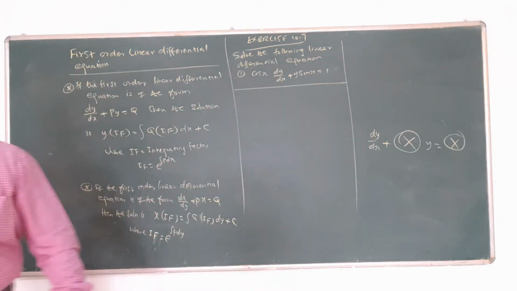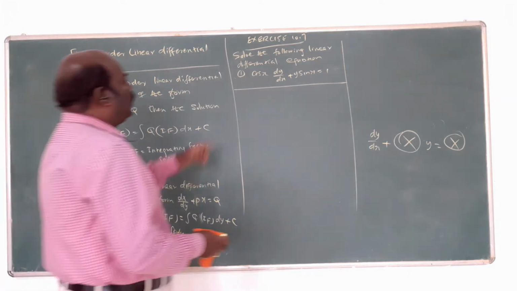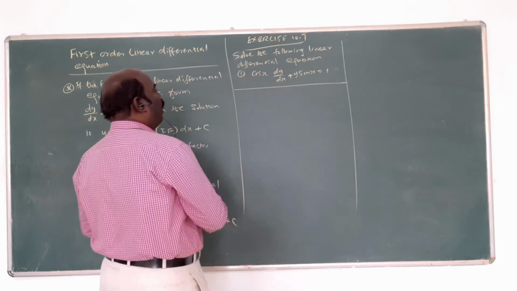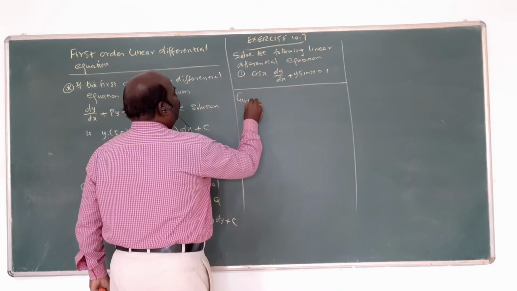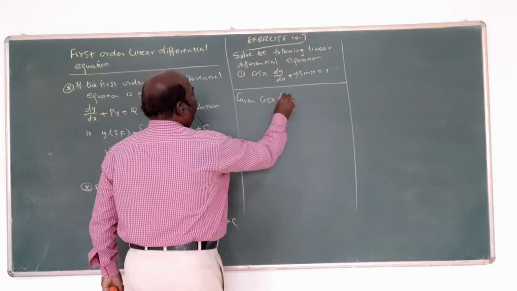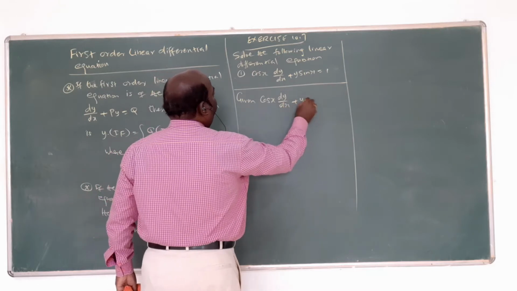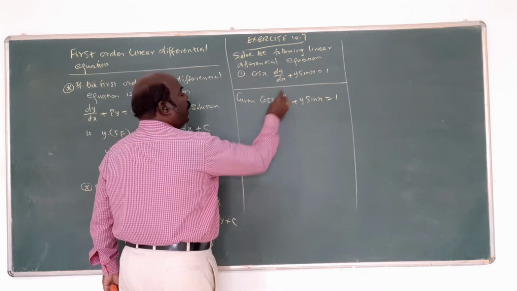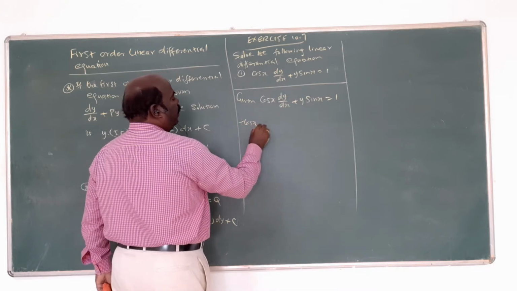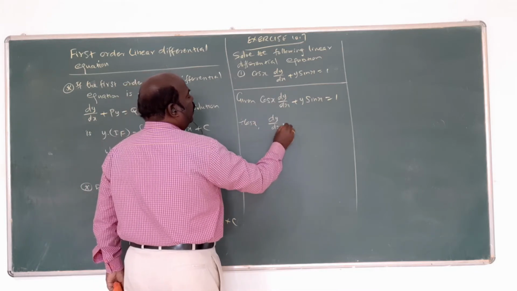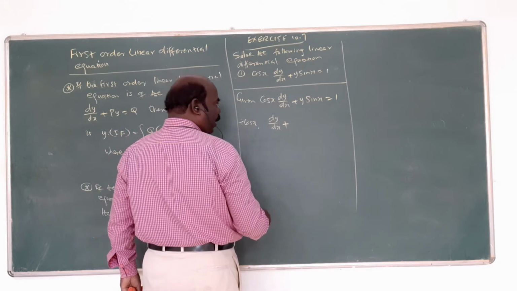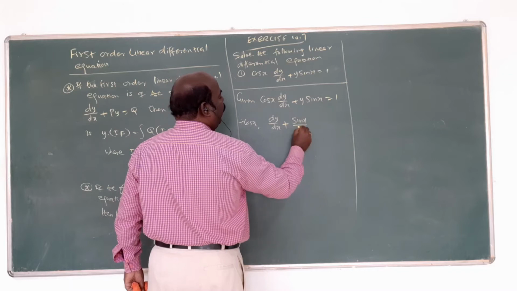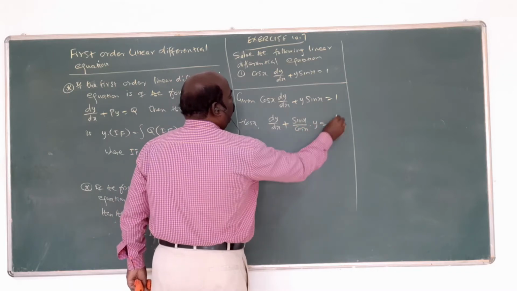Now this is question 10.7. The first question: cos x into dy by dx plus y into sin x equal to 1. Now what is given? We want only dy by dx, so divide by cos x. So dy by dx plus sin x by cos x into y equals 1 by cos x.